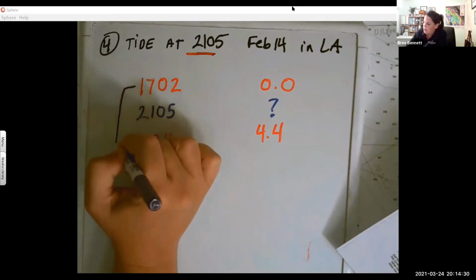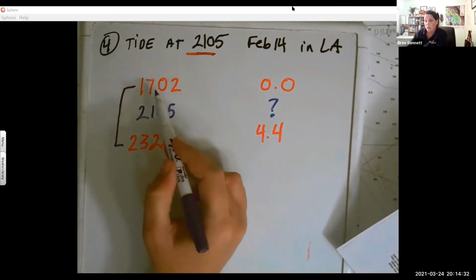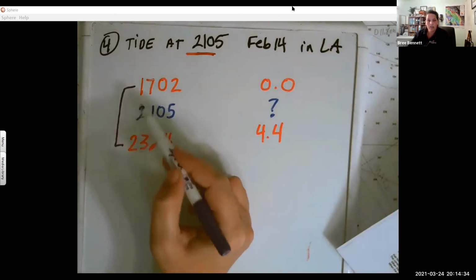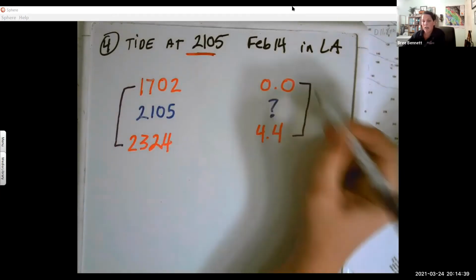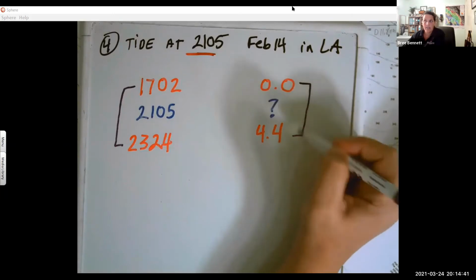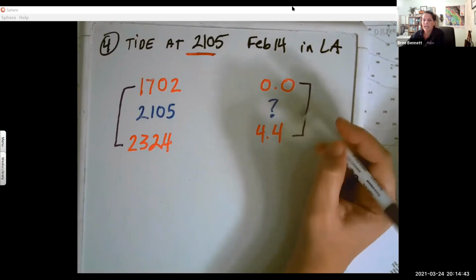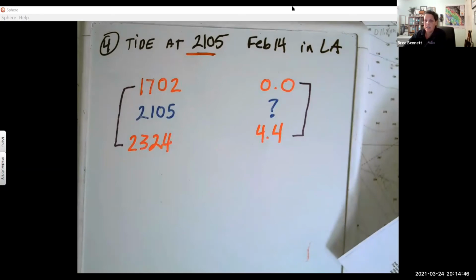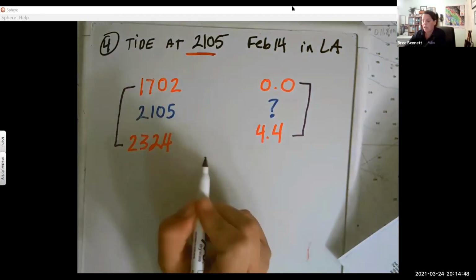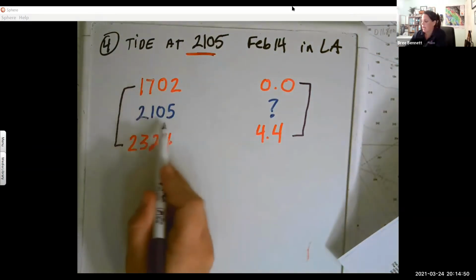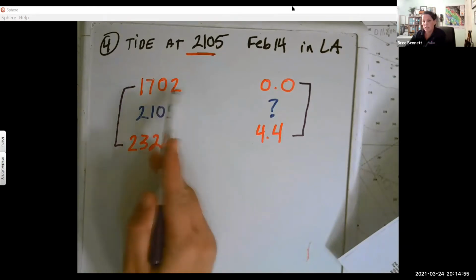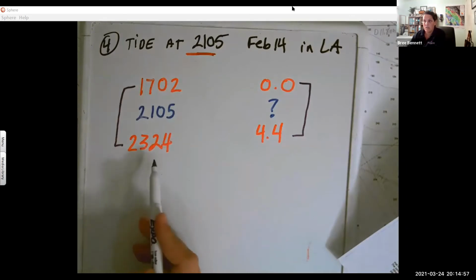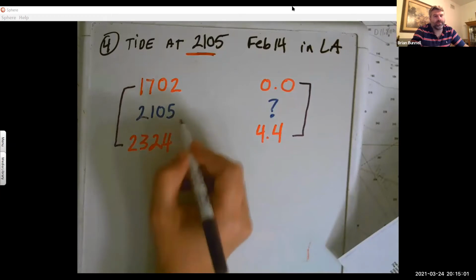We want to figure out the duration between rise and fall. We want to figure out the range. How much of a rise and fall are we going to get? And then we want to know time to the nearest tide and our correction. So is our 21:05 closer to 17:02 or 23:24? 23:24.